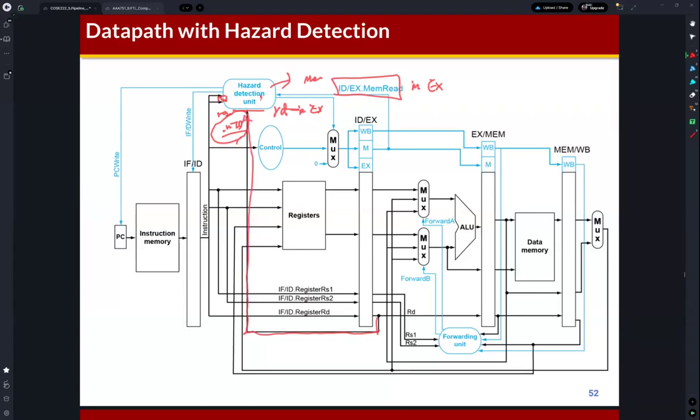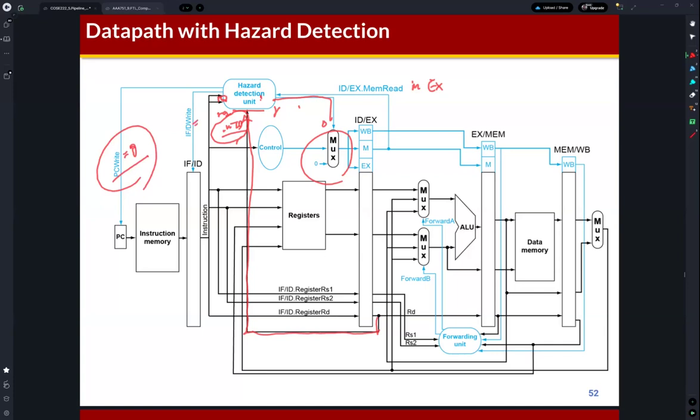And then if the load use data hazard is detected, then 0 is given to the control mux, which makes all control signals 0. Also, when the load use data hazard is detected, PC write becomes 0. If PC write becomes 0, then the PC is not updated.